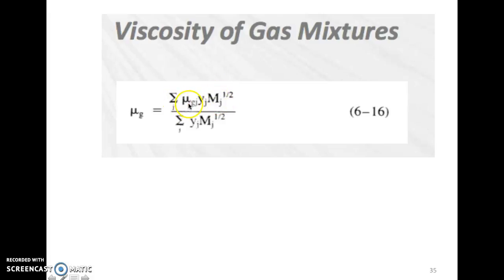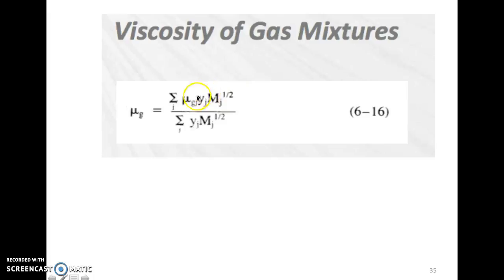So it's the sigma of the viscosity of each component multiplied by the composition multiplied by the square root of the molecular weight, divided by the sigma of the composition multiplied by the square root of the molecular weight.